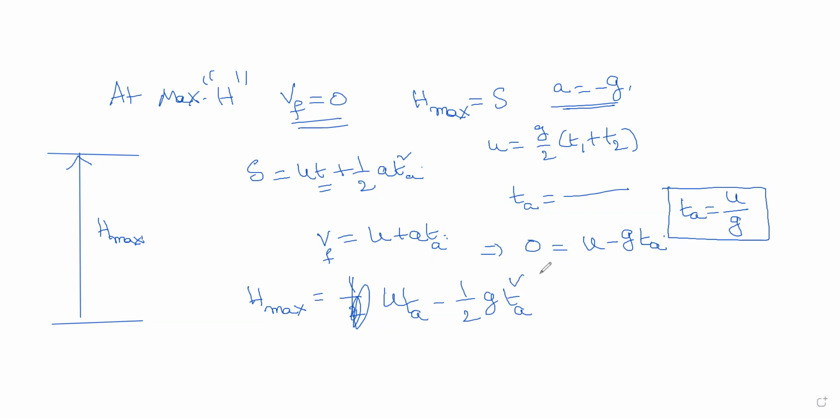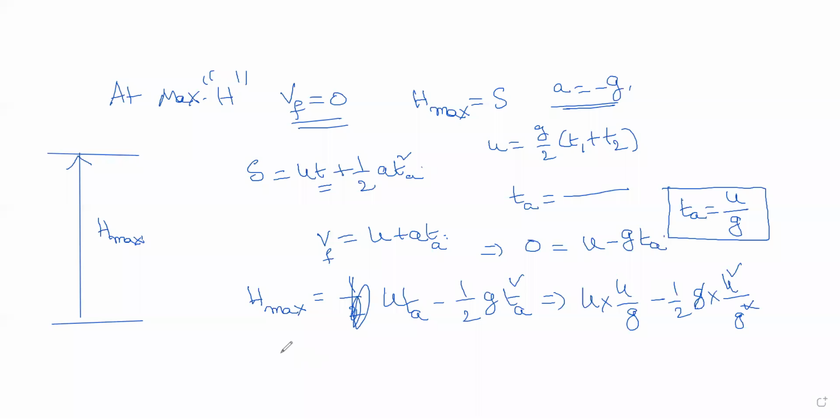Okay, ta బదులు ఫస్ట్ u by g సబ్స్టిట్యూట్ చేద్దాం. Let us substitute u by g. u into u by g minus half g into u square by g square. Let us substitute the things. And now g gets cancelled.